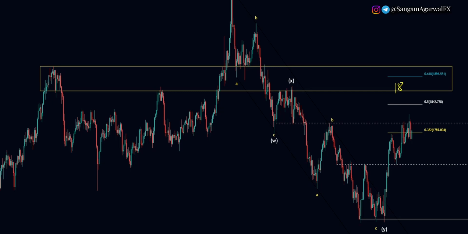So this 1880 level is your resistance on daily, 1730 is your support, and right now price is testing this 1807 resistance level. So after correction it will easily break that level.